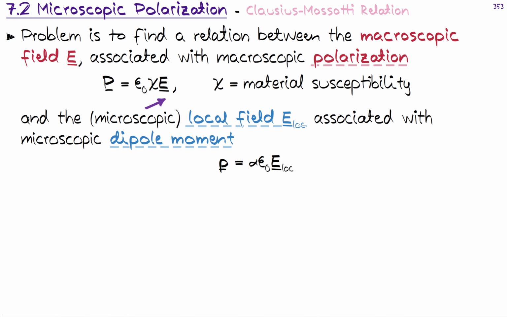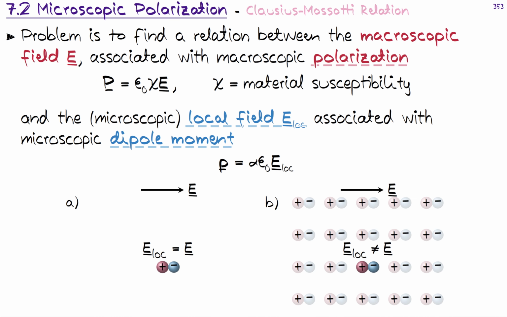Here we have the incident field, a macroscopic field, and the material susceptibility, a big chunk of material and its response, with the vacuum permittivity, and that gives rise to a macroscopic material polarization. So these equations are important to remember.